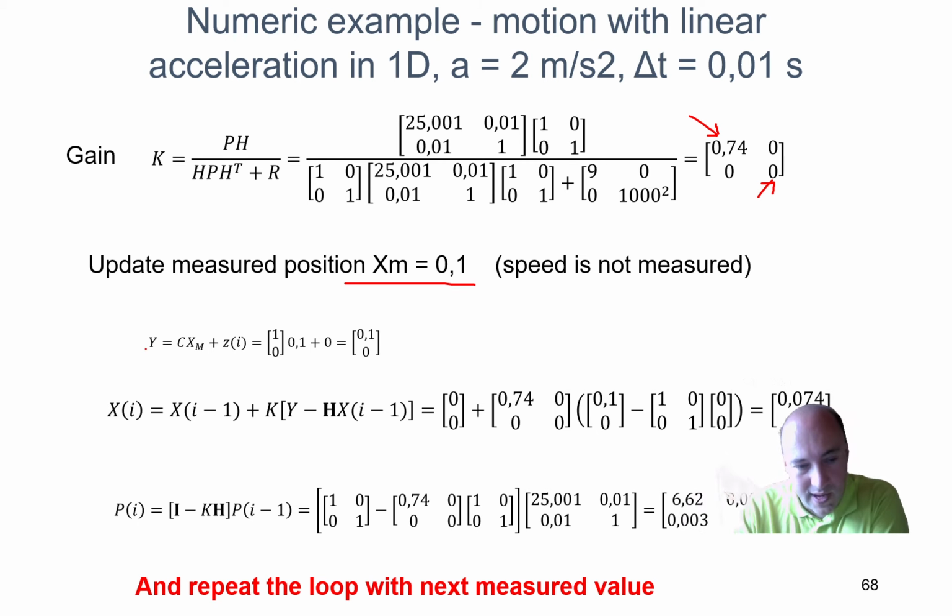So I will calculate what is the value of my inputs. Here matrix C times xm, which is the measured value. So this is this, and this is my value of C, my matrix. It's telling how I recalculate between the two different formats. I will calculate the new update of my state. So here we have the equation. My previous state was 0, 0. This is the Kalman gain, which I just calculated.